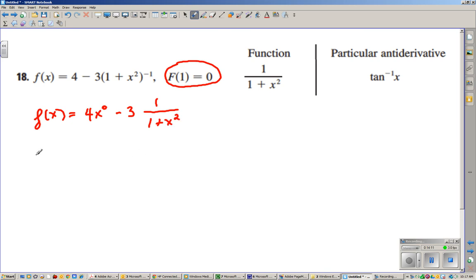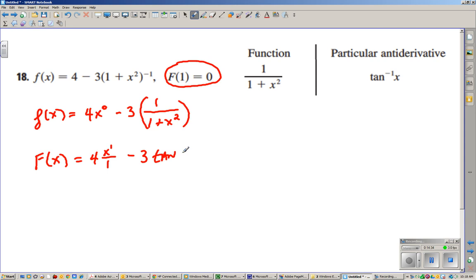And I do all that because now the antiderivative, won't that be 4x to the 1st over 1 minus 3 times, and now right to the table, the antiderivative of this quantity is the inverse tangent of x.